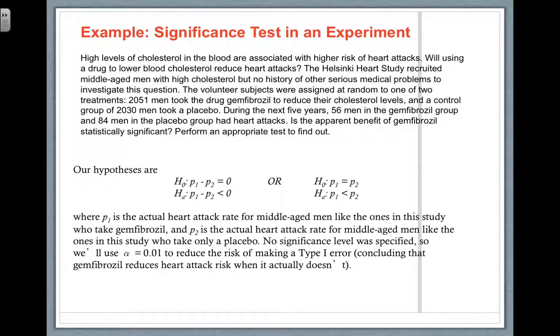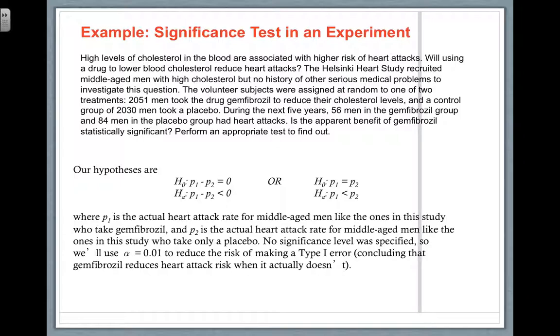Something else to consider is they didn't specify a significance level. I'm going to use 0.01 to reduce the risk of making a type 1 error here. A type 1 error would be rejecting the null, saying that there is a difference when there is none. I think a type 1 error would be more significant in this case because you would be talking about people suffering a heart attack, which I think is a more serious risk than a type 2 error in this case.